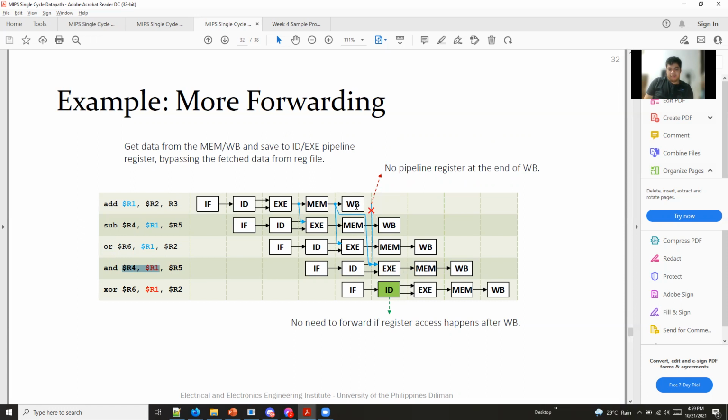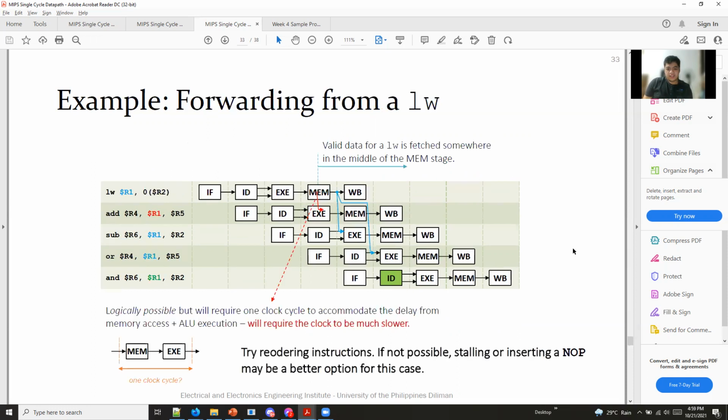Pero, well, naka-write back ka naman na. So, wala namang hazard dito. So, hindi mo na kailangan gawin ito. So, usually, ang ginagawa naman dito nasa same cycle or nasa same line sila.